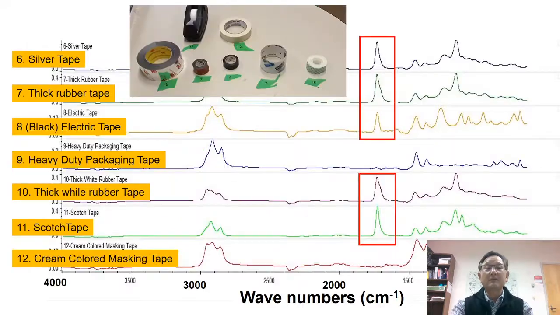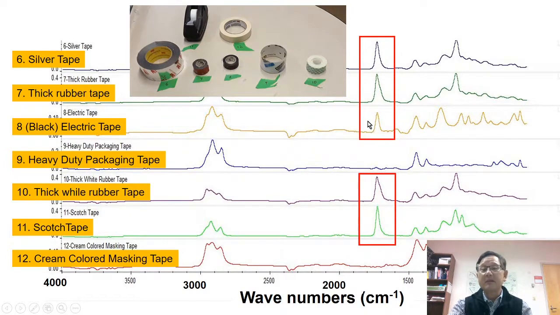If I go to the other samples shown up here, once again, the IR spectrum was measured as a function of wave numbers, and different wave numbers show the different motions of molecules, and I will explain that in the following slide. And we find 1700 in samples 6, 7, 8, which are silver tape, thick rubber tape, and electric tape.